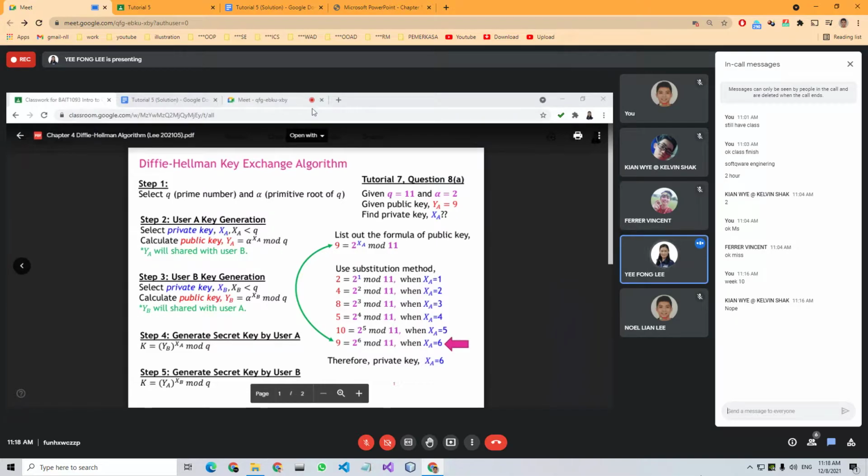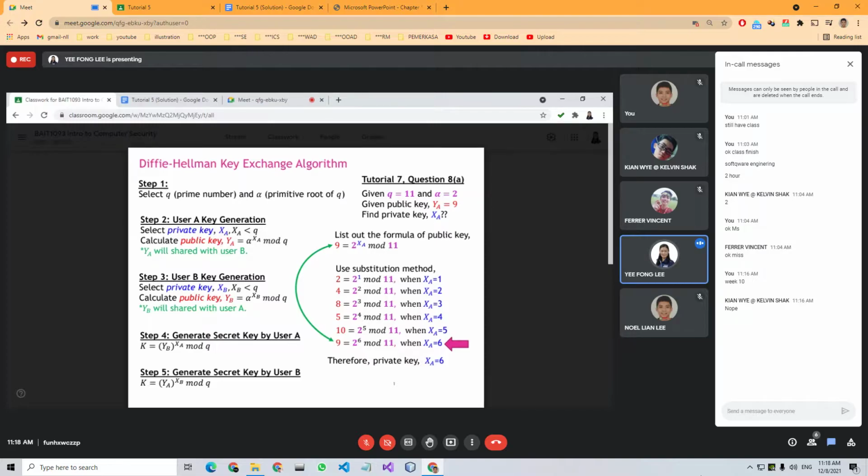For Diffie-Hellman, only three things they are going to ask: whether they ask you to find the public key, the private key, or the secret key. That's it. For the private key and public key, the formula is here.